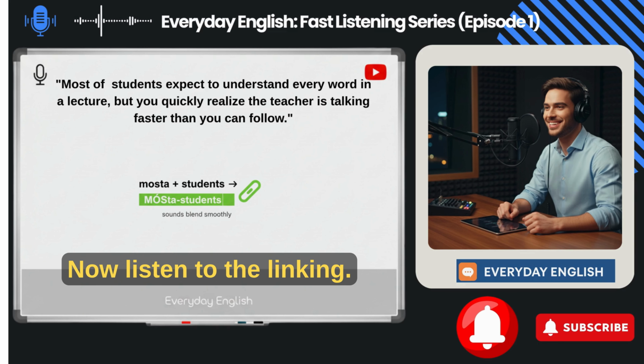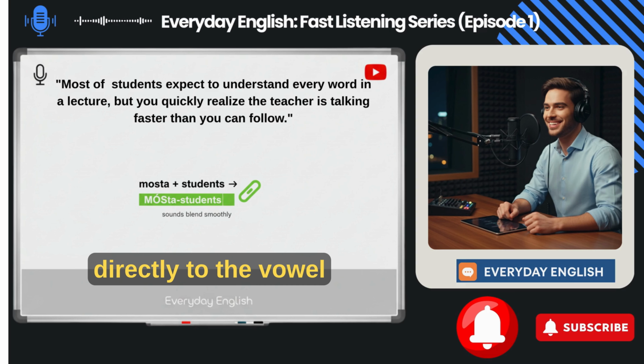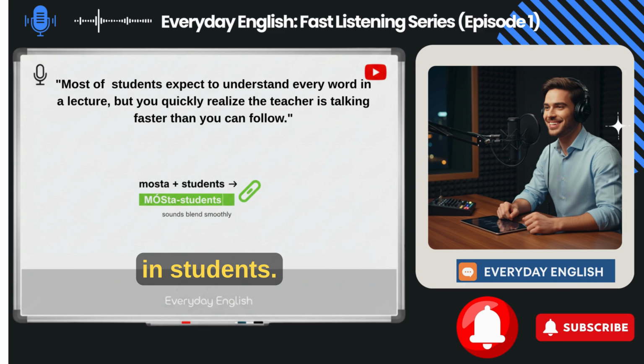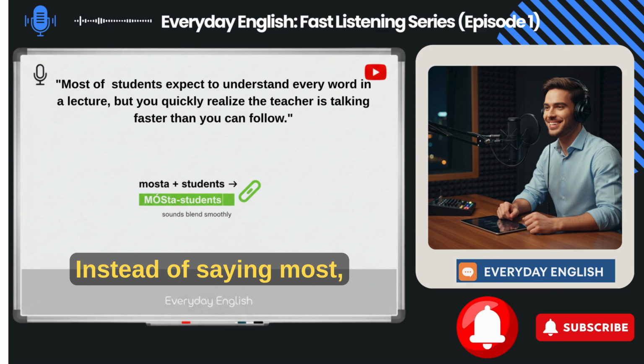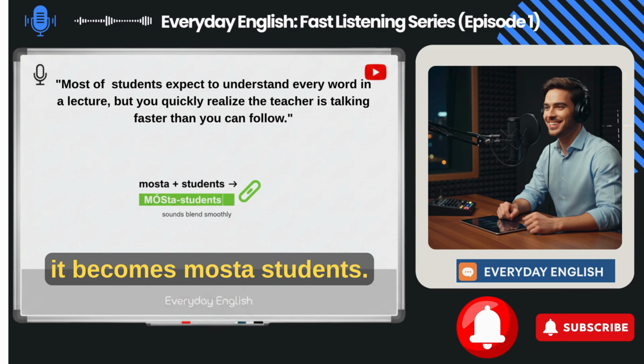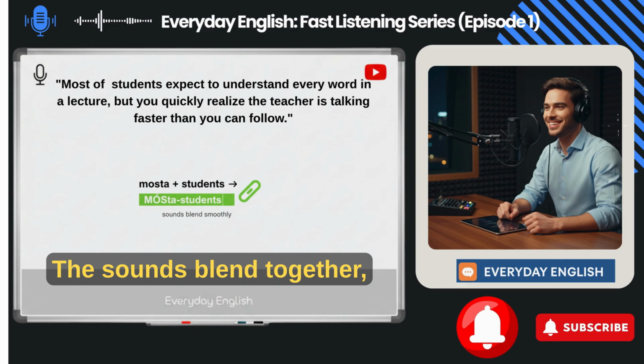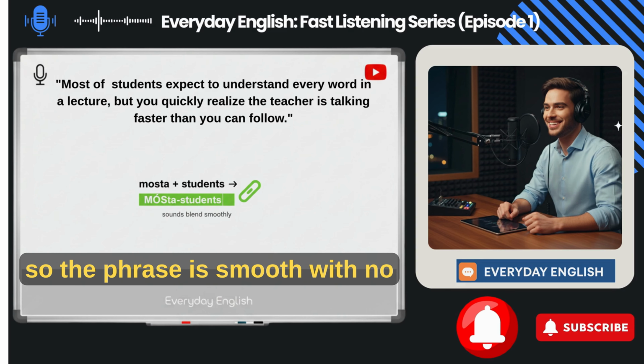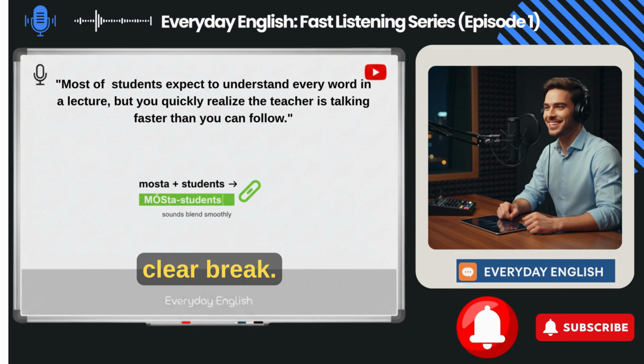Now listen to the linking. The T in most connects directly to the vowel in students. Instead of saying most of students slowly, it becomes mosta students. The sounds blend together, so the phrase is smooth with no clear break.